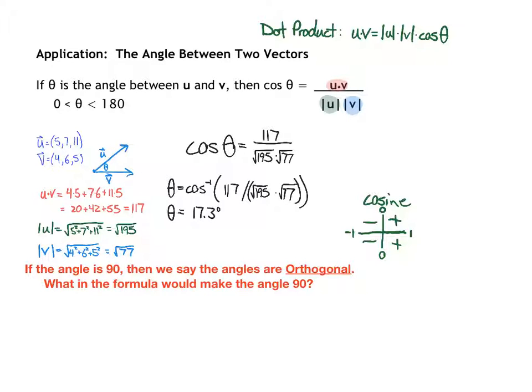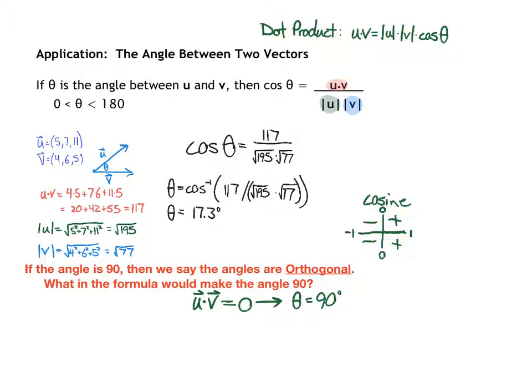If the dot product u dot v equals 0, you can stop right there. You don't even have to find the magnitudes. You can say automatically theta equals 90 degrees, every time.